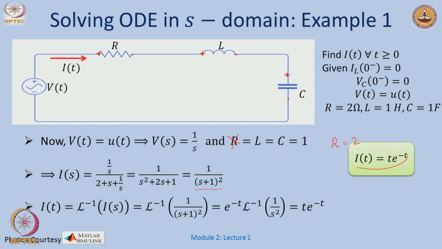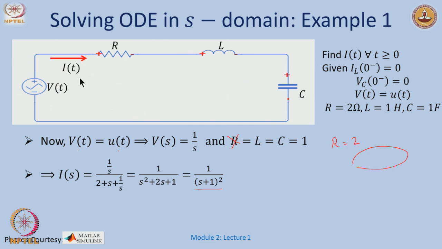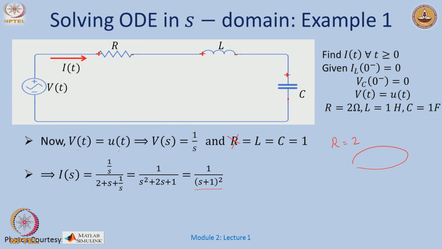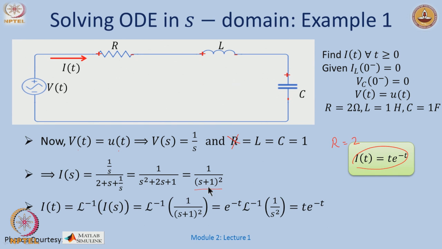So, the dynamics were initially differential equations. Here I convert that into a linear equation to get an expression for the current in the s domain, and I do the inverse Laplace to get the expression in the time domain.